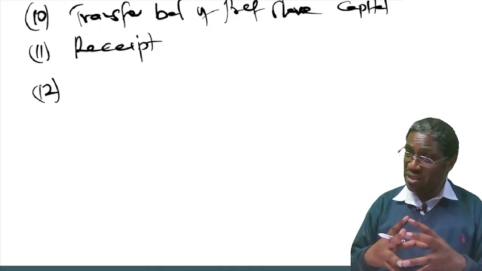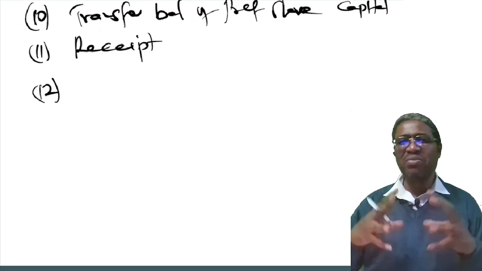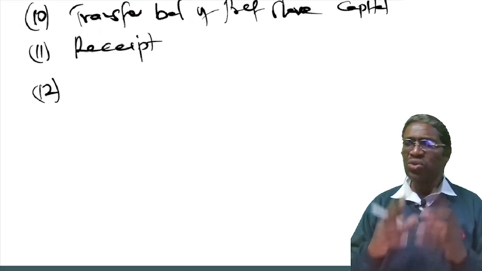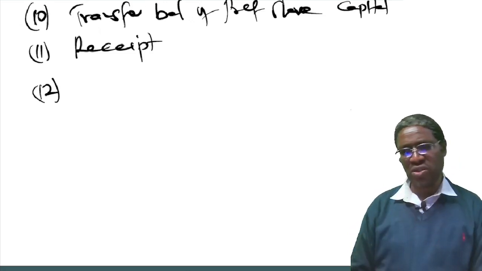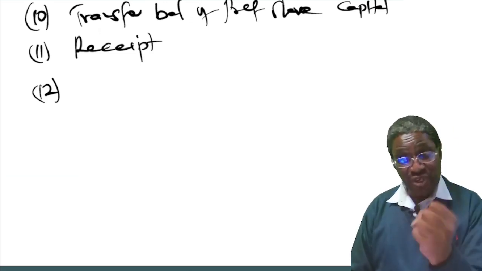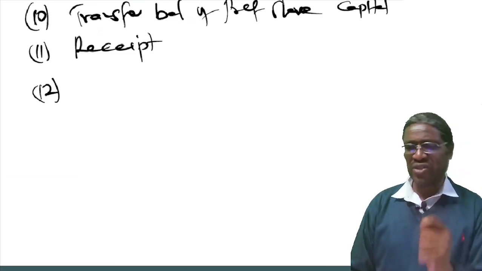We said, by the end of the day, the stakeholders must be paid what is due to them. So now we have two groups of stakeholders. We have the ordinary shareholders and we have the preference shareholders. The question is, who should we pay first?